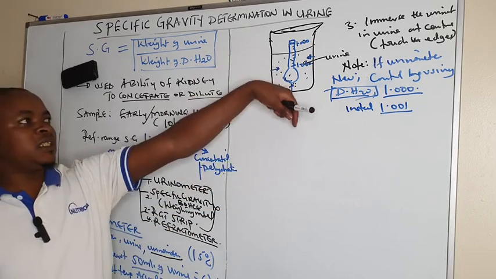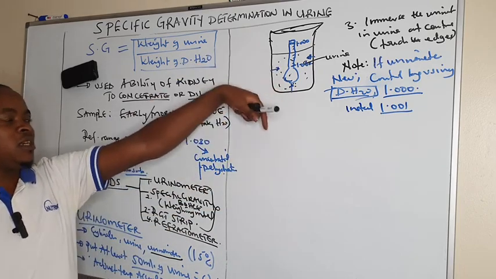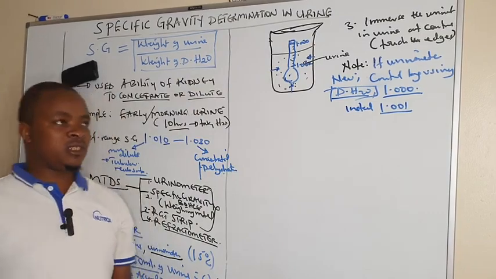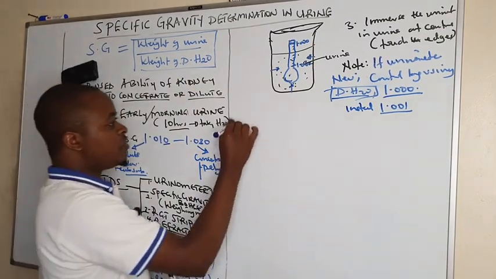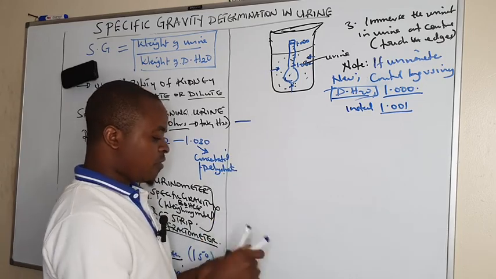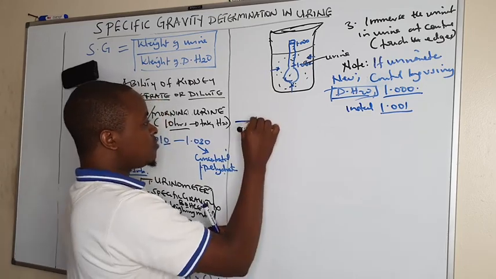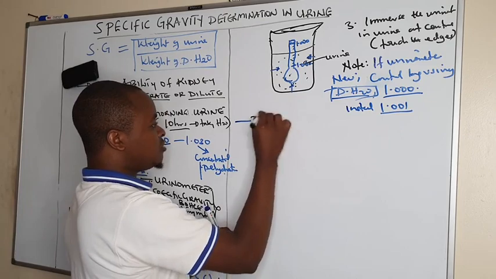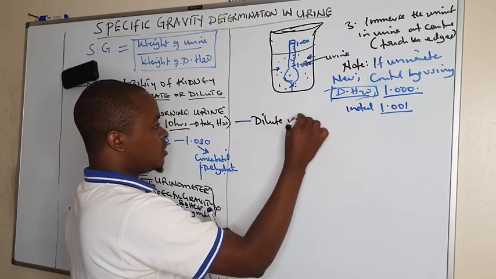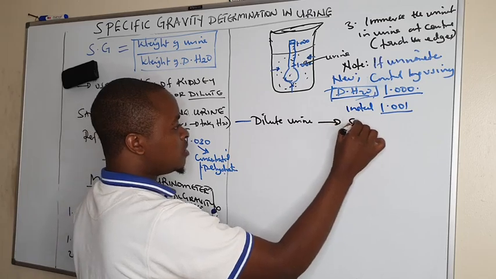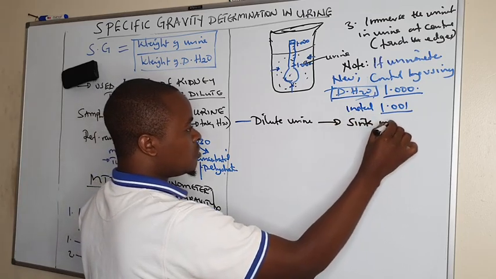After immersing it, it will sink depending on the concentration of the urine. If you have dilute urine, the urinometer will sink more.